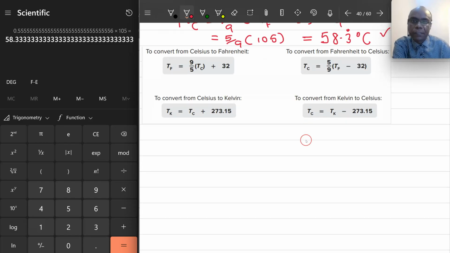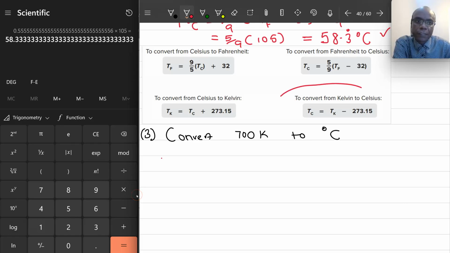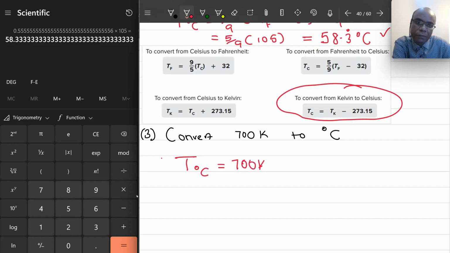Okay, now next I would like us to do example number 3. We need to convert 700 Kelvin to degrees Celsius. So in that case, I'm going to use this formula. Temperature in degrees Celsius is going to be equal to temperature in Kelvin, and then I'm subtracting 273.15.